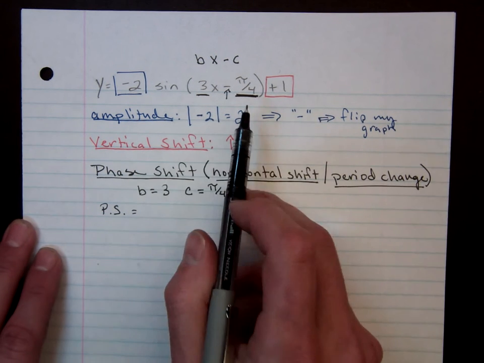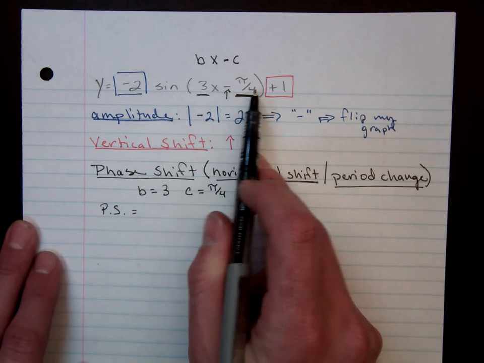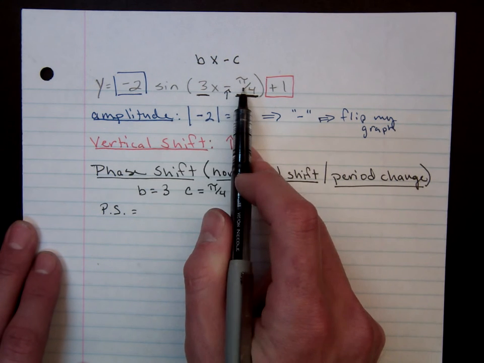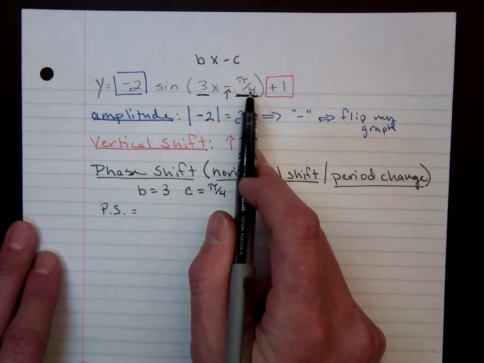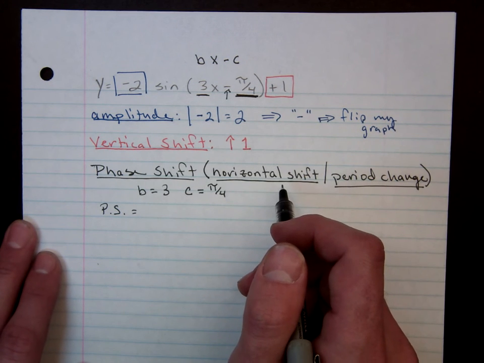Which makes sense. When we looked at functions similar to this before, we knew that we basically did the opposite shift. So if this was negative, we'd shift pi over 4 to the right. It's going to be a little bit different for this one, but we can think of it in a similar manner.